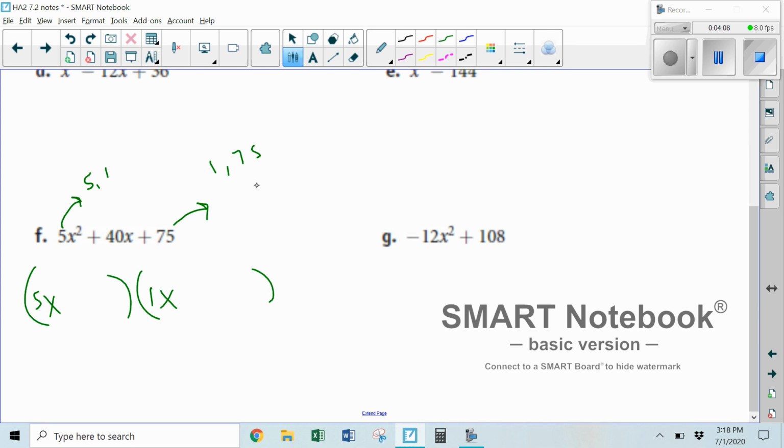Actually, you know what? These numbers are so big, I didn't notice at first. There's a GCF. Let's start with that. Everything here has a 5. So why don't we factor out a 5 first?